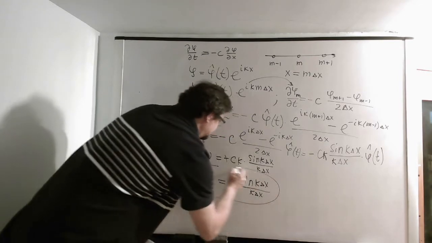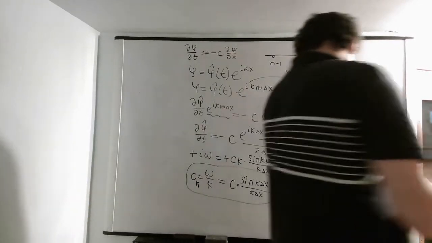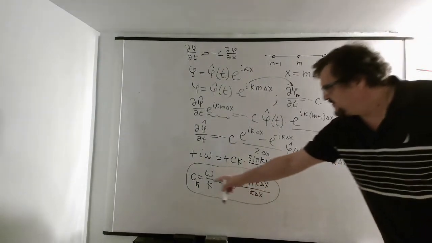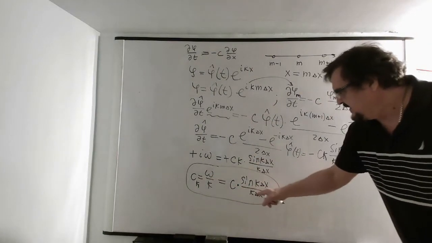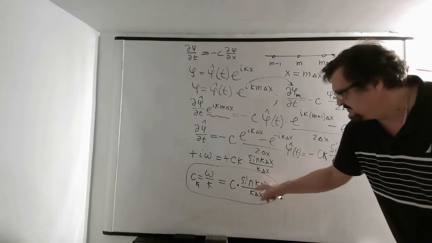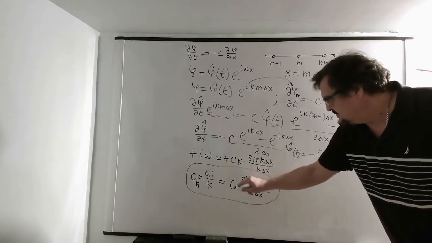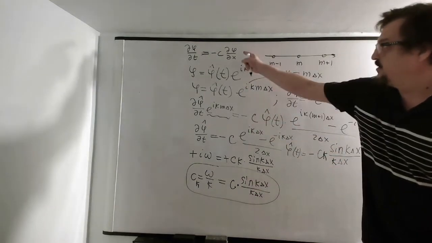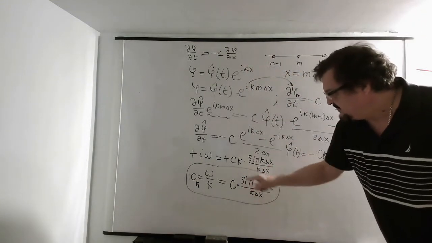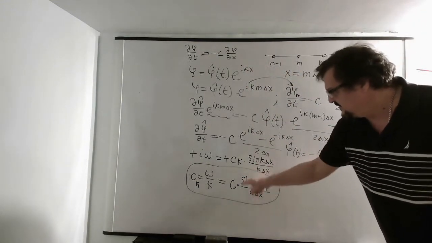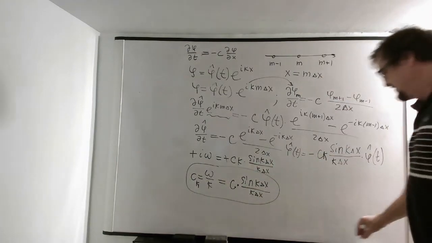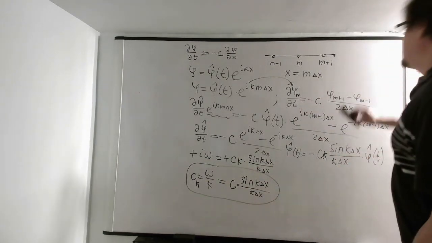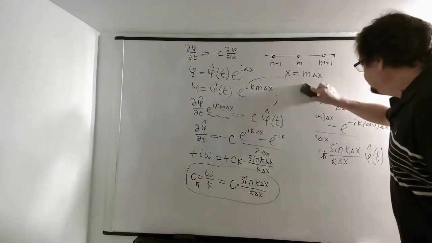So we see there is dispersion of waves because our speed depends on wave number, and for our original equation it should be just c, but here it's modified by this guy. So what's this guy, how does it look?